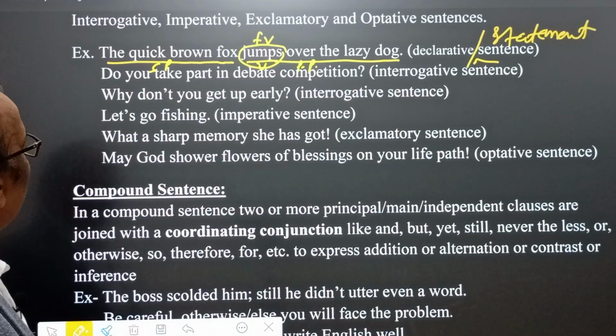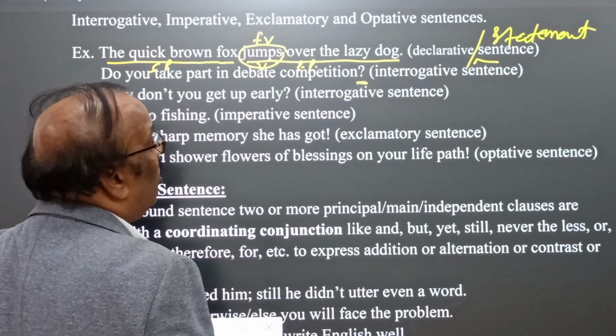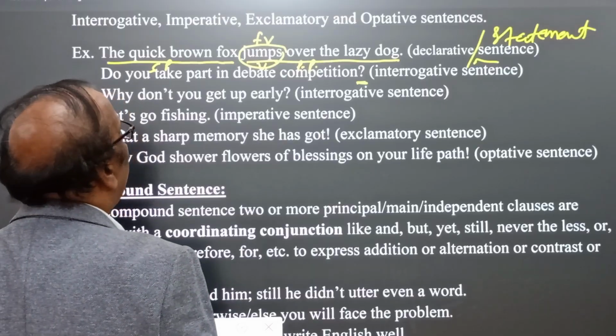And now come to the second example. Do you take part in debate competition? Yes, interrogative mark and interrogative sentence.